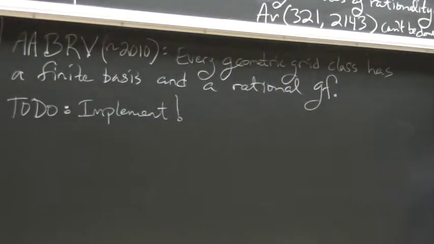If one could implement this in Maple, well, Mike Atkinson and Michael Albert and Robert Brignall have written a few papers where they actually just take classes that happen to be geometric grid classes, figure out what geometric grid classes they are, and then figure out how to enumerate them. So if you wrote this in Maple, your Maple package could write these papers for us.